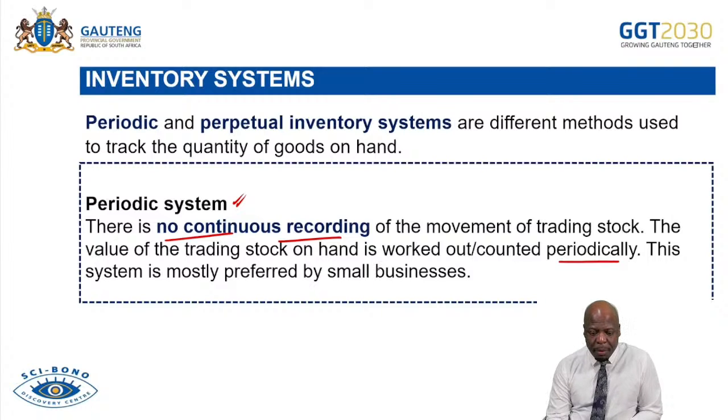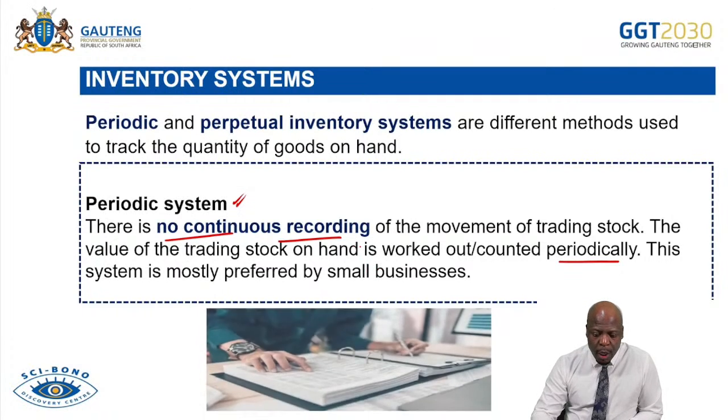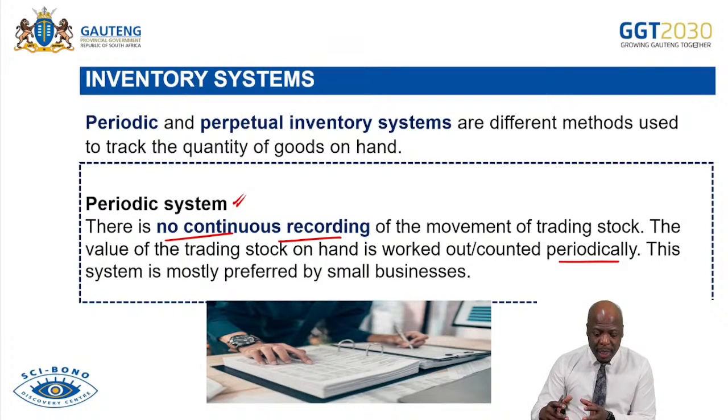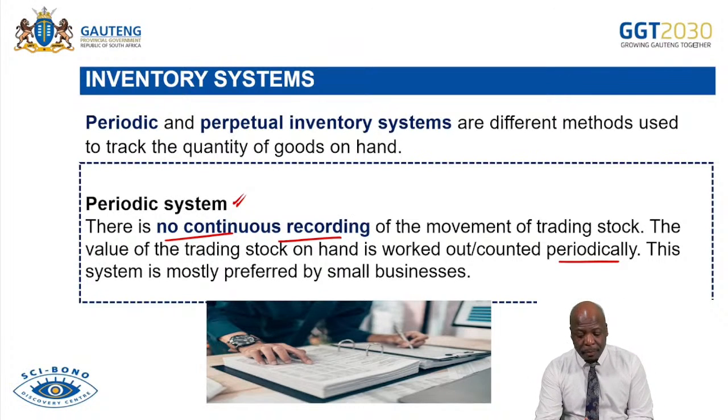This system is mostly preferred by small businesses. Okay, these kinds of businesses have less stock, so it becomes easy for them to manage it, and they would only do physical stock taking because they have less stock to count. All right, so this is your periodic inventory system.